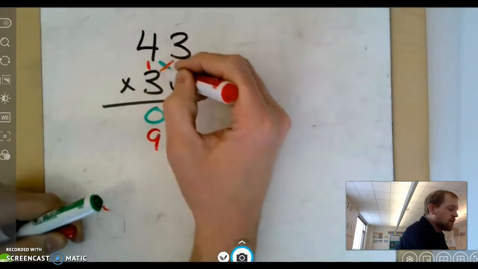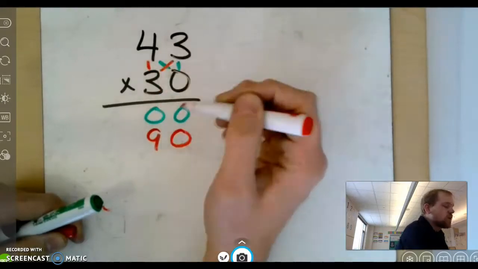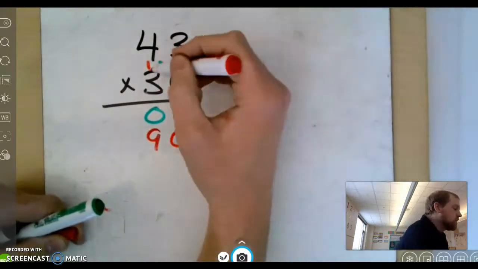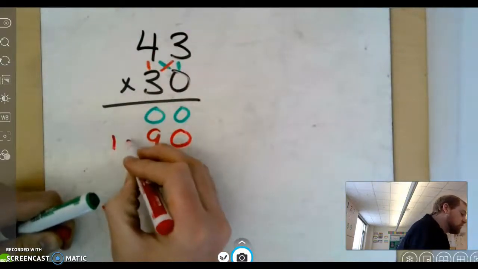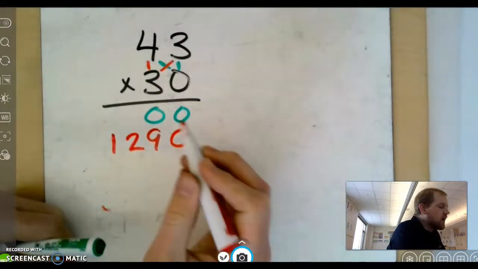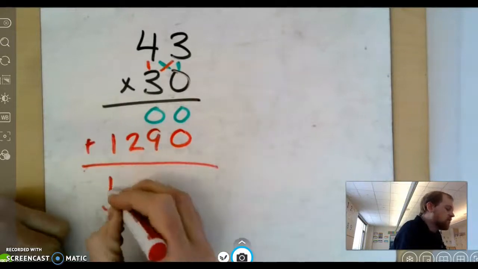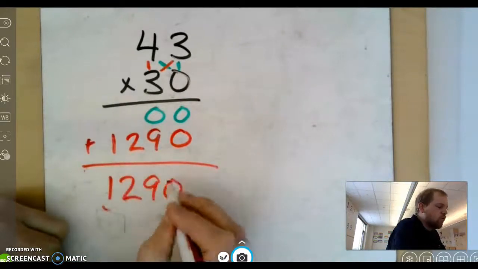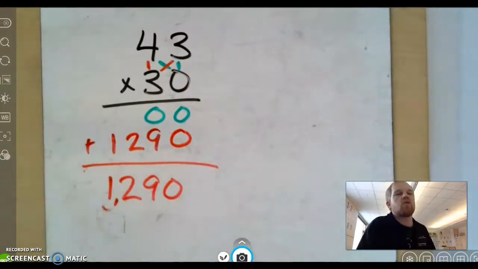Now you'll see I've touched all of these numbers. This 0 touched both. This 3 is touching both, so I know I've done all of my math. So now I take 3 times 4, and I know 3 times 4 is 12. And then I would add it up because I'm just adding zeros. I'll work through the steps, and this is going to end up being my answer: 1,290. So this is how I'd work through it in that more standard form.